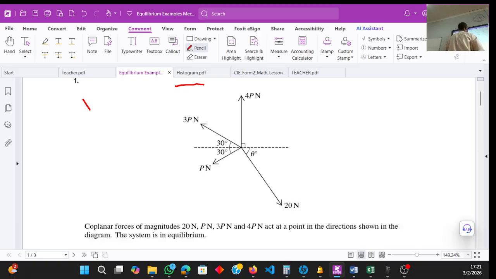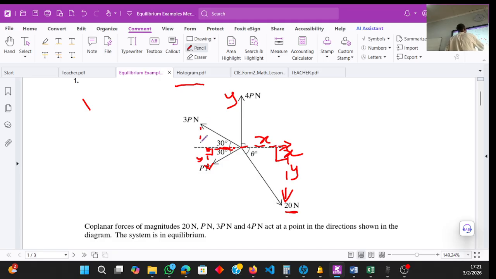On this diagram, I've got my x-axis here and my y-axis. So like we normally do, if I put a force like 20 newtons, I'm going to break it down into its components, which are the horizontal and the vertical, as I create a 90-degree angle here. So I'll refer to this as the x component and this is the y component. The same will happen to all the forces that I'm seeing, like here, another x component and y.